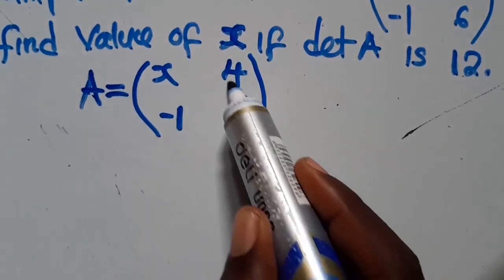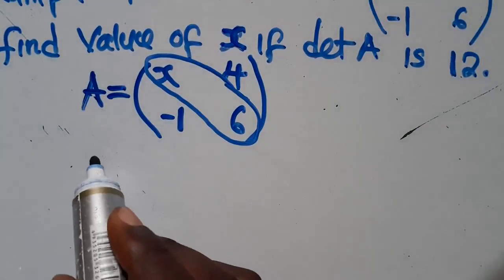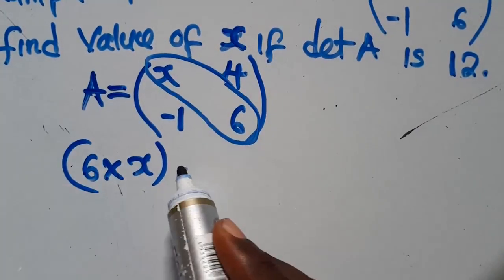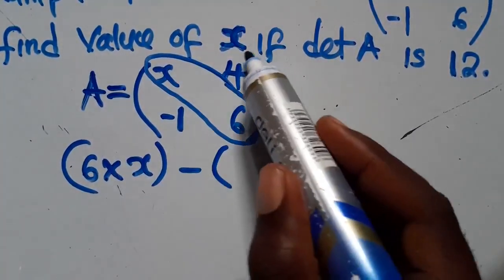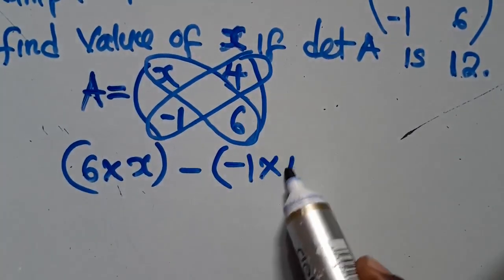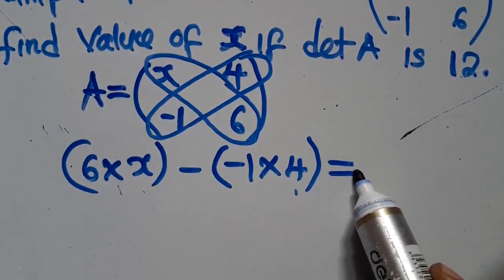You get the determinant. This is the major diagonal. So you are going to say that 6 times x minus, what are you getting? Minor diagonal. In the minor diagonal, we've got these numbers: -1 times 4. Then you say is equal to what?